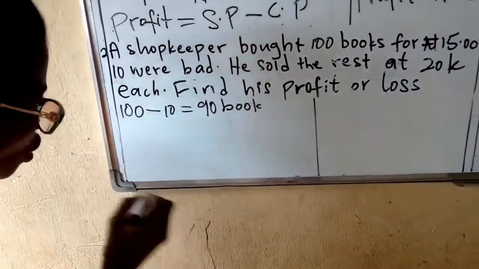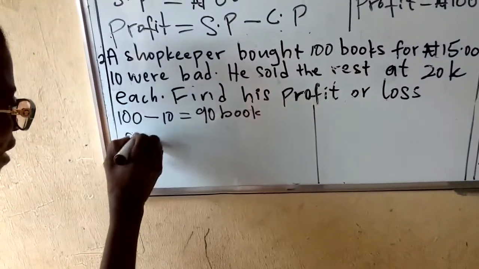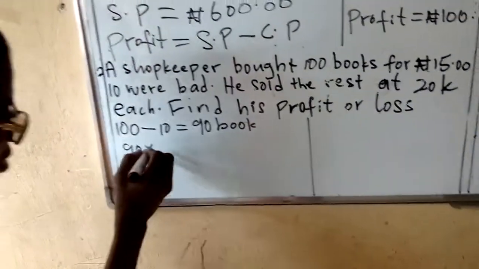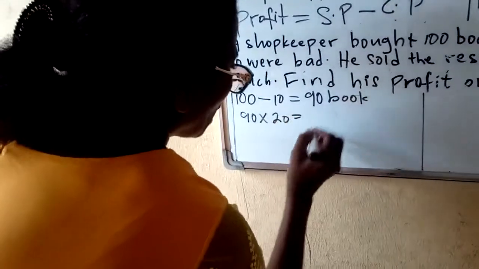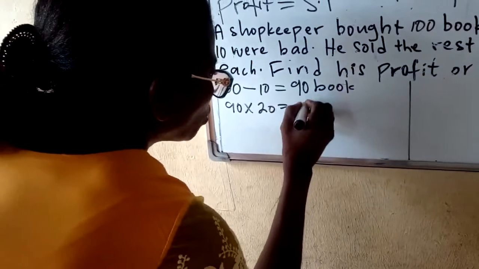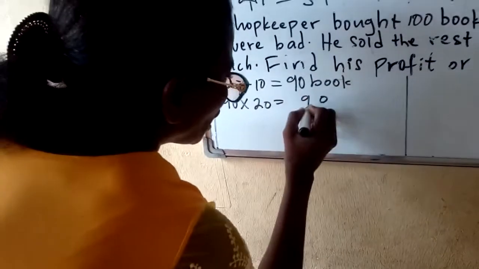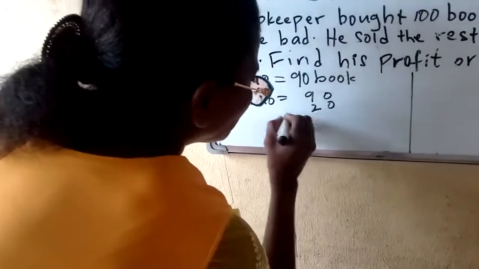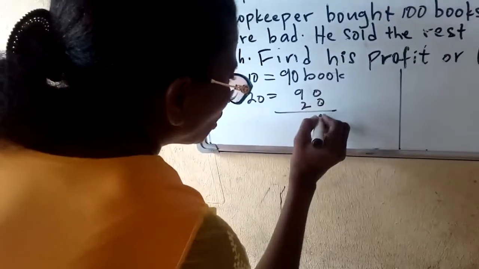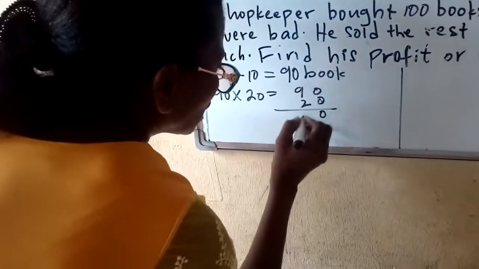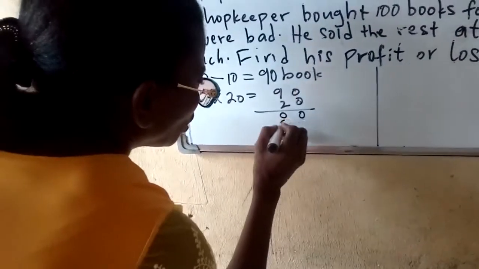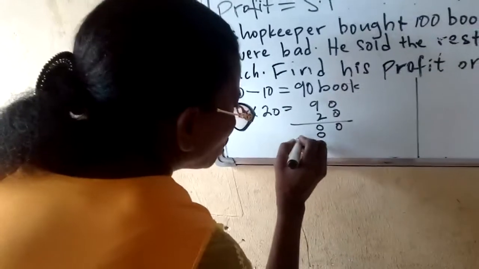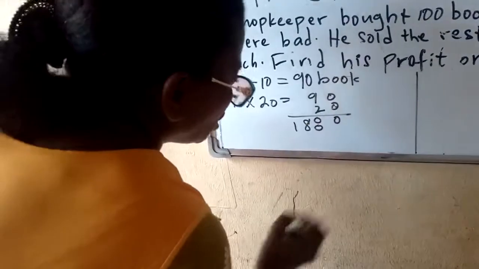So it's now going to be 90 times 20. 0 times 0 will give us 0. 0 times 9 will give us 0. 2 times 0 will give us 0. 2 times 9 will give us 18.